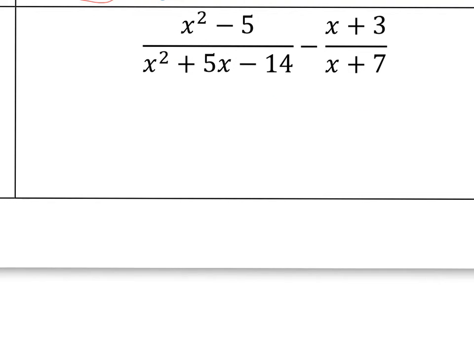Okay, for this next one, let's write the denominator as factors. Okay, now the LCM will be x plus 7 times x minus 2 because we want everything. And if there are any repeated ones, then we just take it one time.